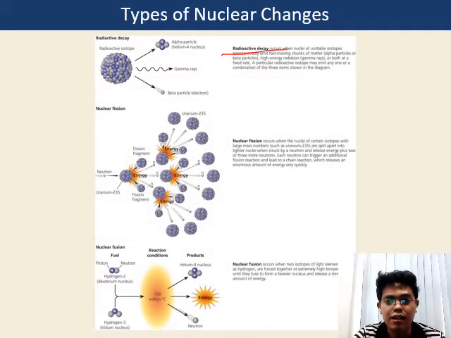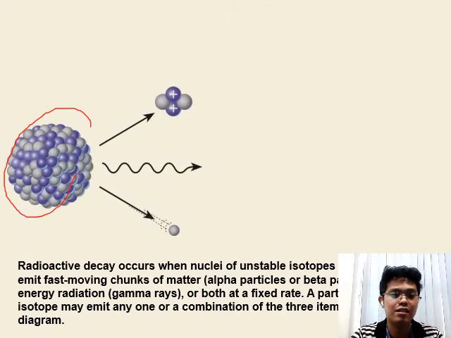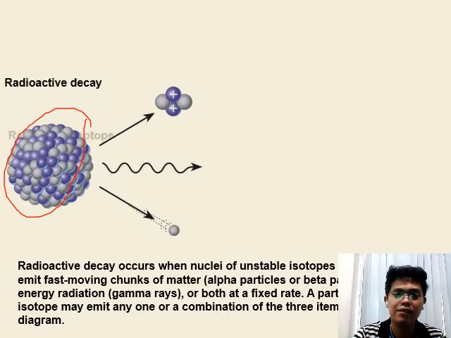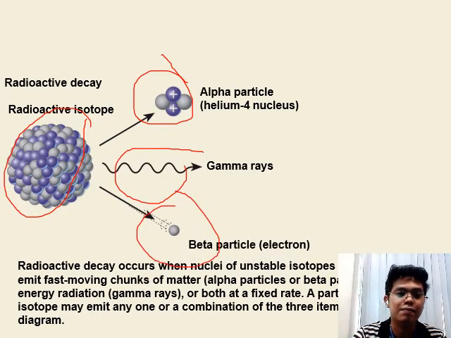As also discussed earlier, there are three types of nuclear change. We have radioactive decay, nuclear fission, and nuclear fusion. Radioactive decay occurs when the nucleus of an unstable radioisotope emits fast-moving chunks of matter like alpha particles, gamma rays, and beta particles.